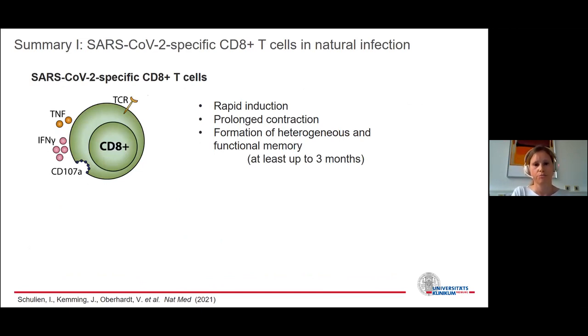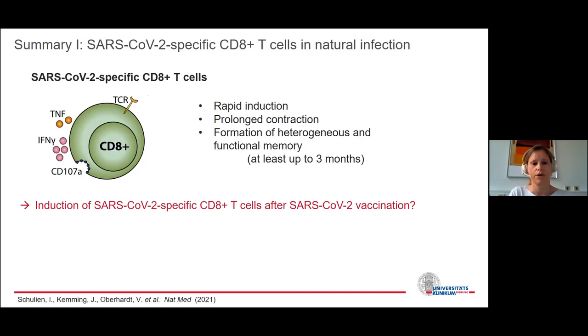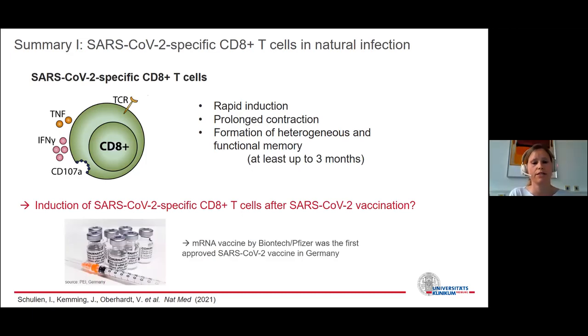So this strong induction of the SARS-CoV2 specific CD8 T cells raised the question about the induction of the spike specific CD8 T cells after SARS-CoV2 vaccination. And since the mRNA vaccine by BioNTech Pfizer was the first approved vaccine in Germany, we focused our research on this vaccination regimen.